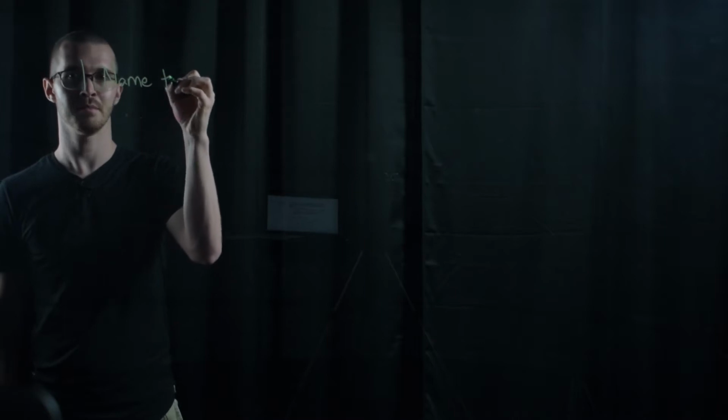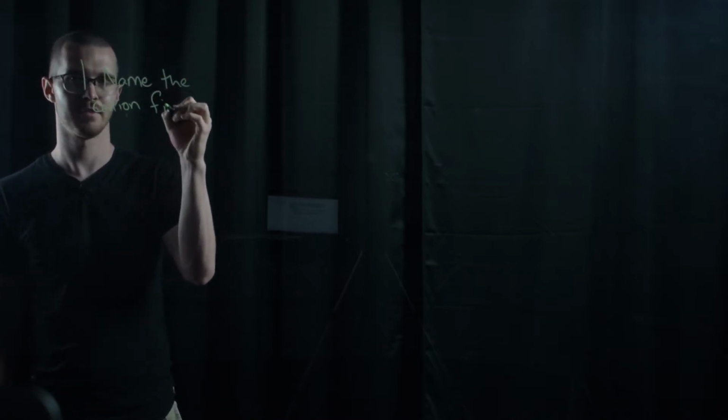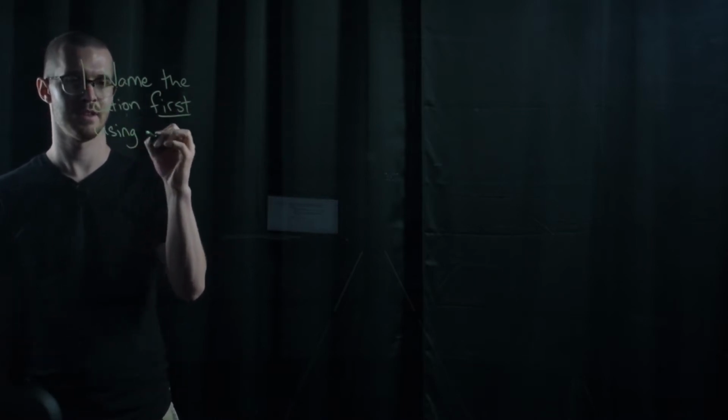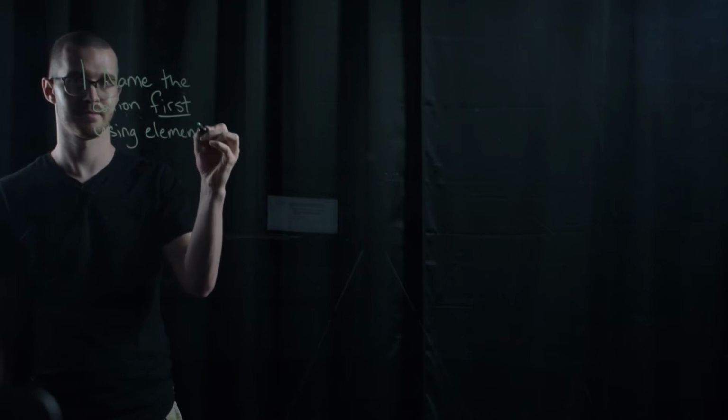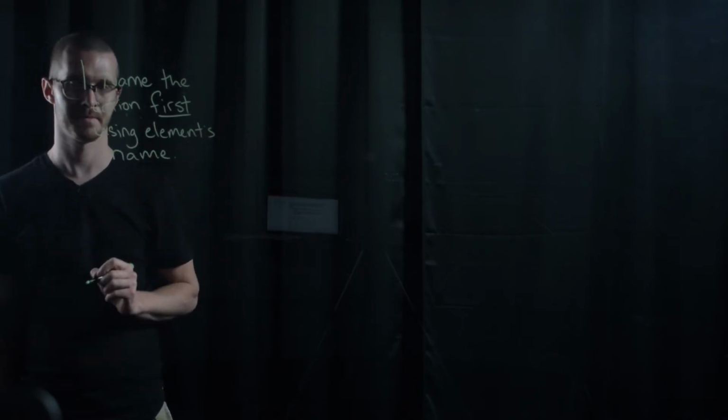So the first one is, we start by naming the cation first, using the element's name. This is usually a metal ion.